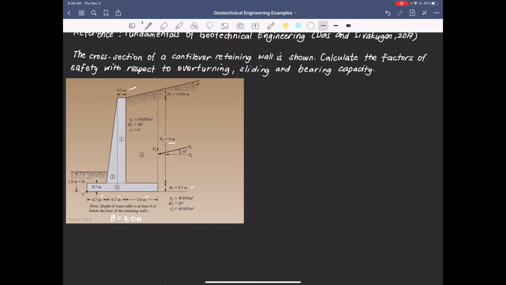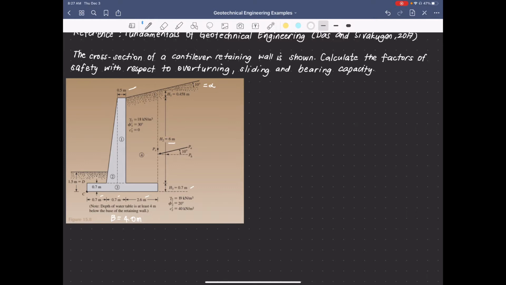We are given an inclined backfill with an alpha equal to 10 degrees, and the soil backfill has the given properties.